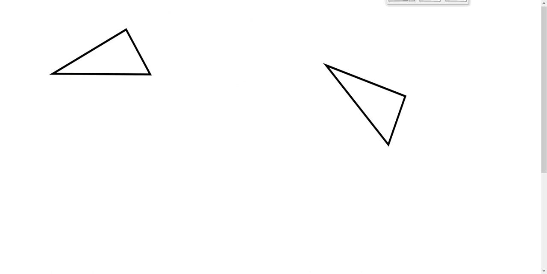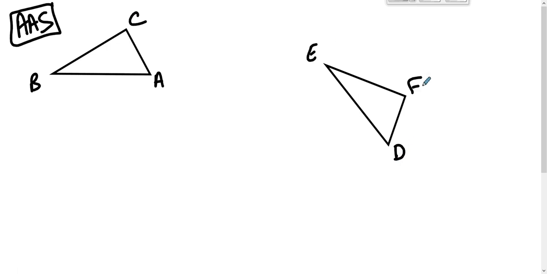We can play the same game with angle-angle-side congruence. We can have triangle ABC and triangle DEF, and we can get angle, angle, side, angle, angle, side, and the goal is to show that the two are congruent.